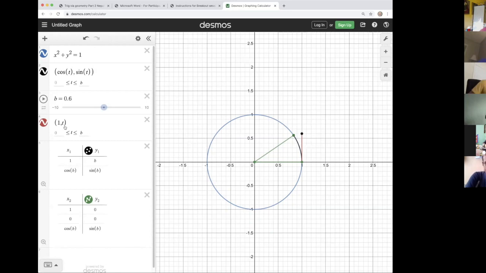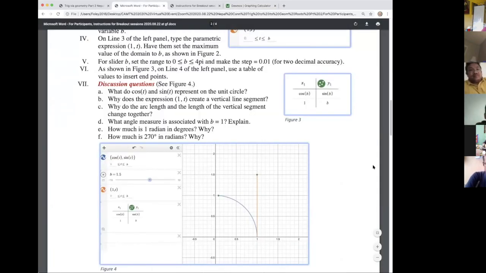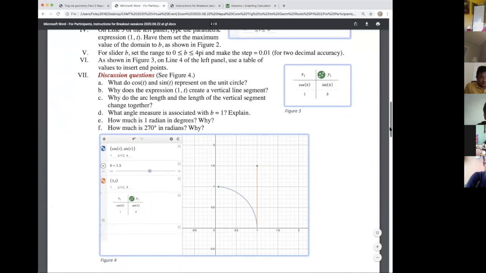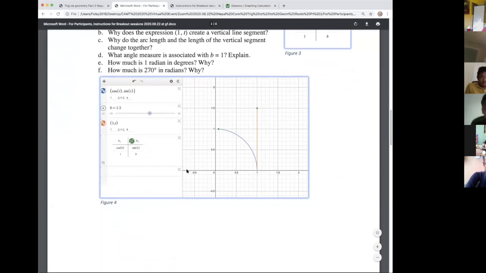Okay. The picture I have, you were looking at a picture something like this in your breakout groups. I've added a few additional features to this. In your breakout groups, you had an expression cosine of t, sine of t. This is almost like a vector pencil.